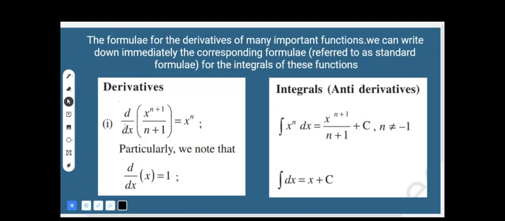Here we can see that the question in derivatives is changing to the answer in antiderivatives, so they are opposite of each other. Derivative of x is 1, and integration of 1 is x plus c. So we can easily understand that derivative and integration are opposite of each other.